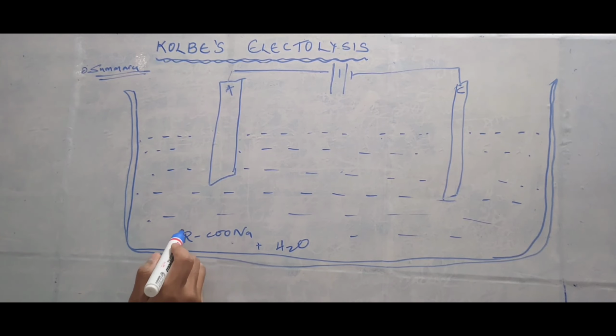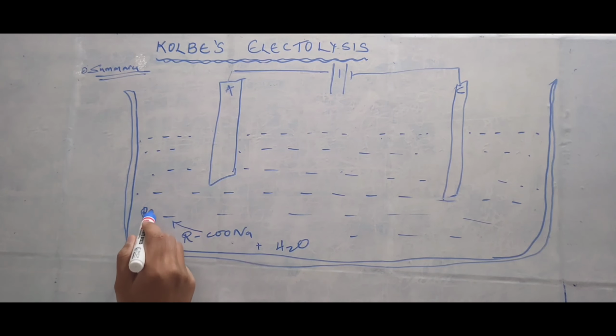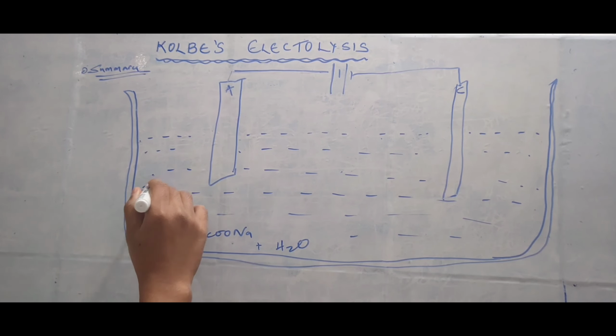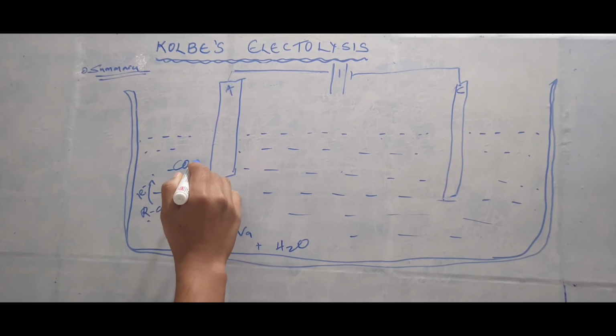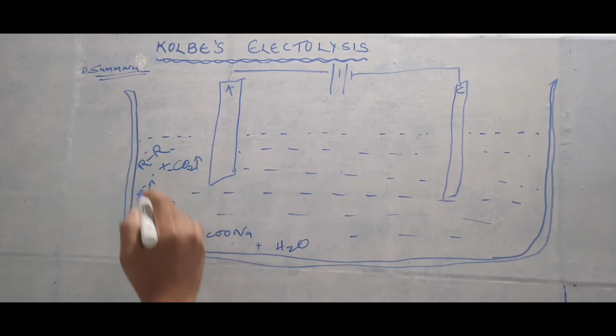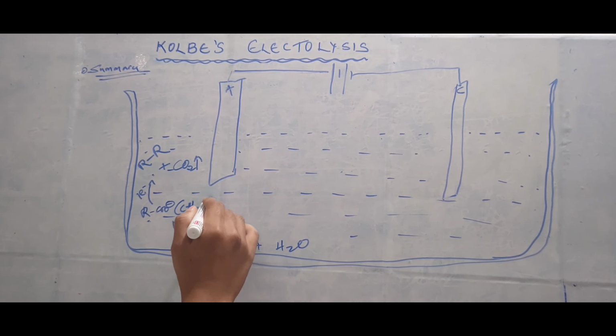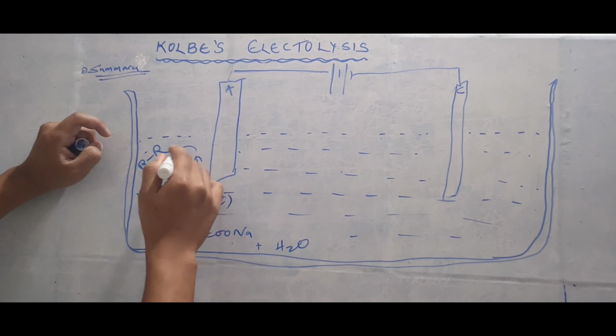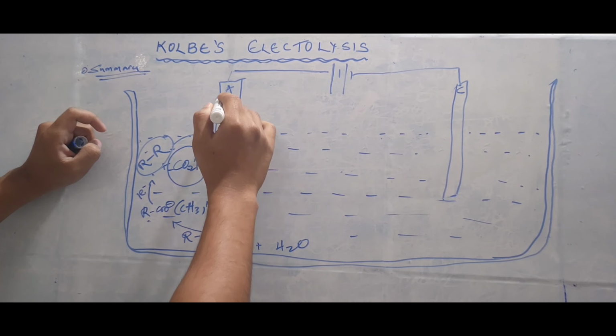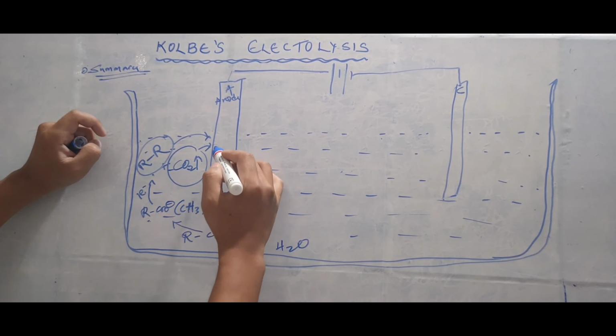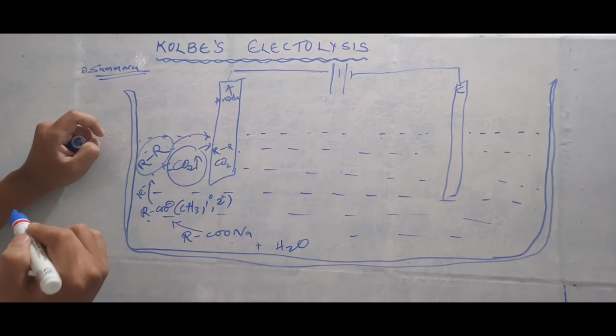The RCOONa breaks down into RCOO- and Na+, and the extra electron from COO- is liberated. COO- becomes CO2 and R dimerizes to RR. These are the reactions which occur at the anode side.